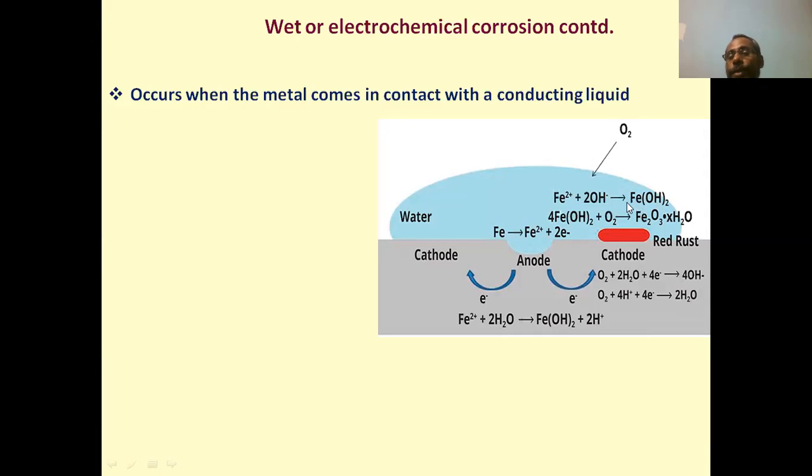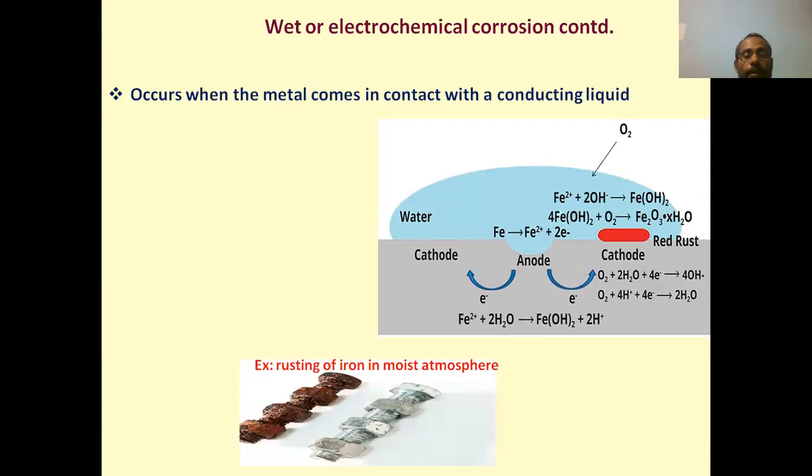This is called ferrous hydroxide. But in the presence of more oxygen, it gives rise to iron oxide in the hydrated form. This is nothing but your rust, reddish brown in color, which is what we normally see, right? So this is the example, rusting of iron in the atmosphere.